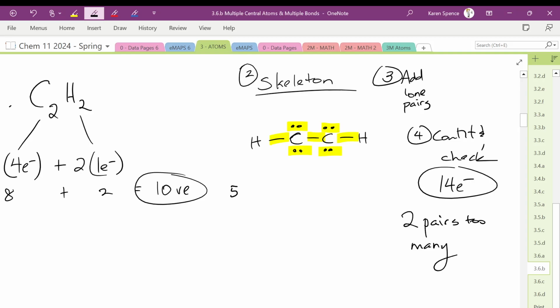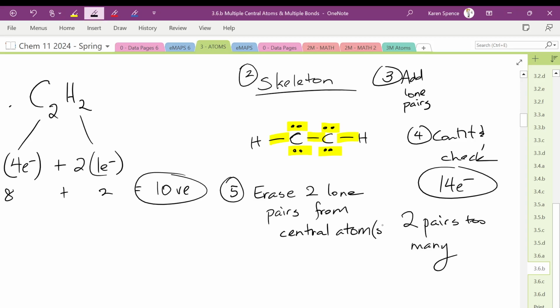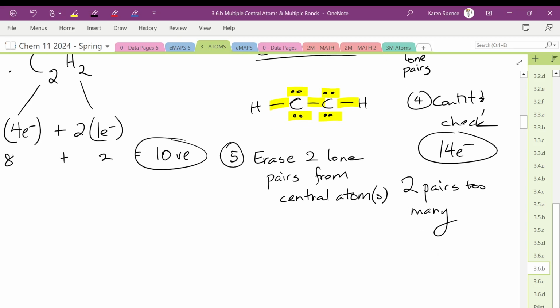Okay, so step 5, erase 2 lone pairs from the central atom. I'm going to erase the ones that are on the top here, and I'm going to erase 1 from each just because it's more symmetrical. Okay.